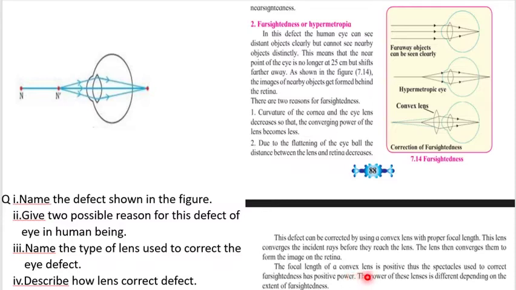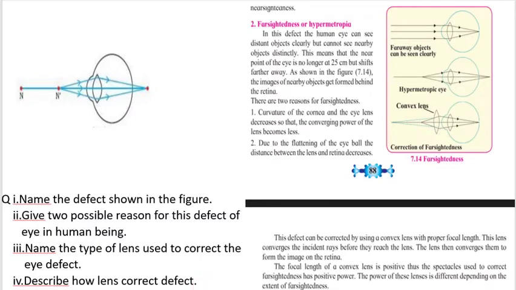As we know that the power of hypermetropia spectacles is positive, so here a convex lens is used in her spectacles as the focal length of a convex lens is positive. Identify the vision defect Surbi is suffering from. Here, due to the positive power of the spectacles, Surbi is suffering from hypermetropia.